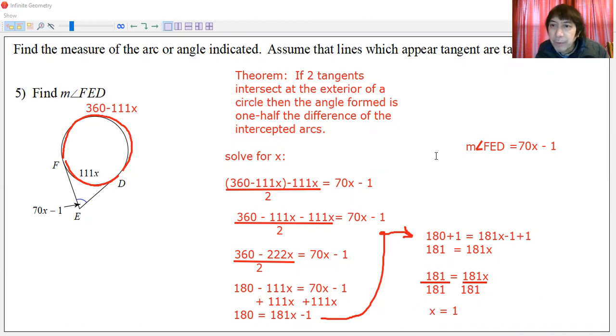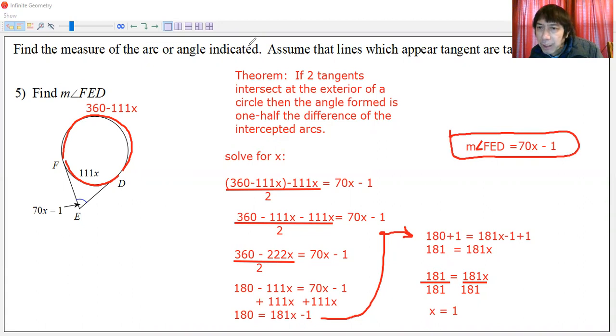We can now use this formula. To solve for the angle FED, it's 70x minus 1.